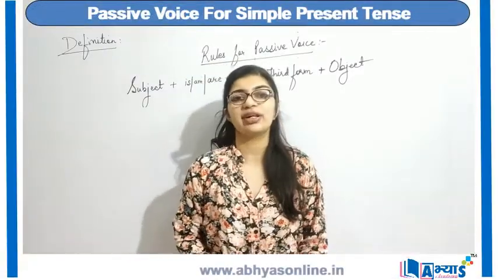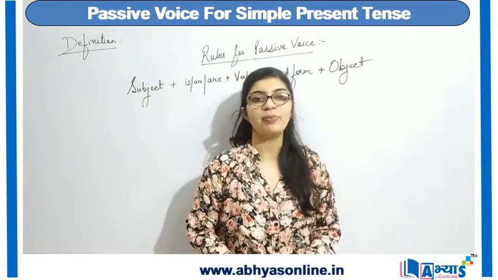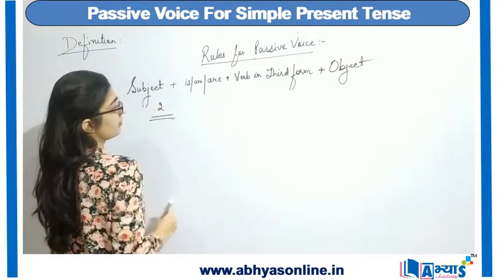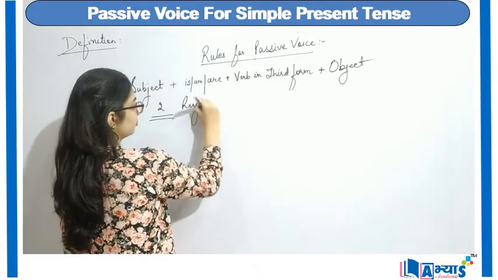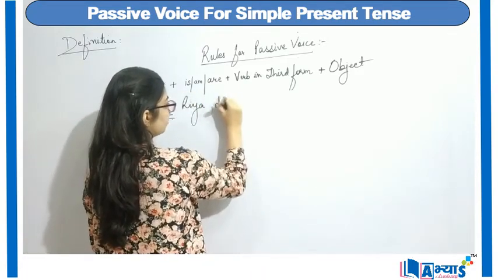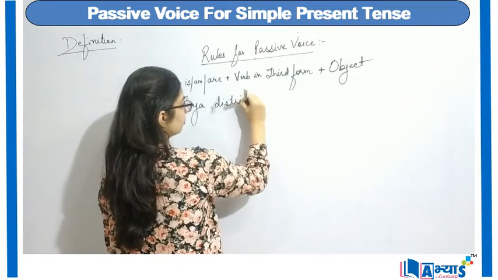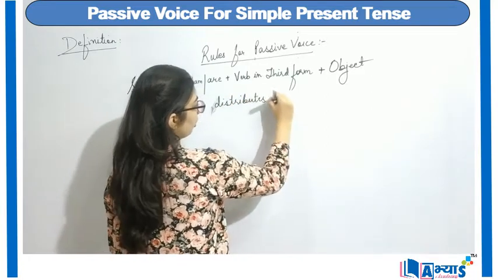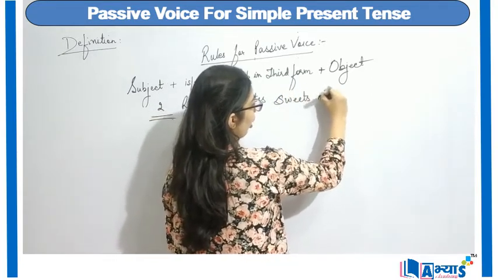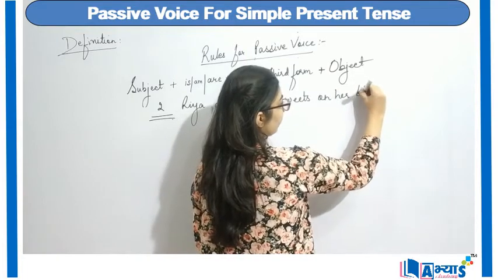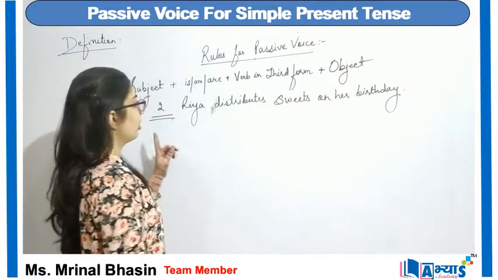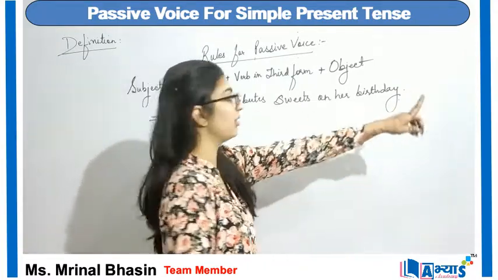So let us convert another active sentence into passive. So second example can be, Ria distributes sweets on her birthday. So Ria distributes sweets on her birthday.